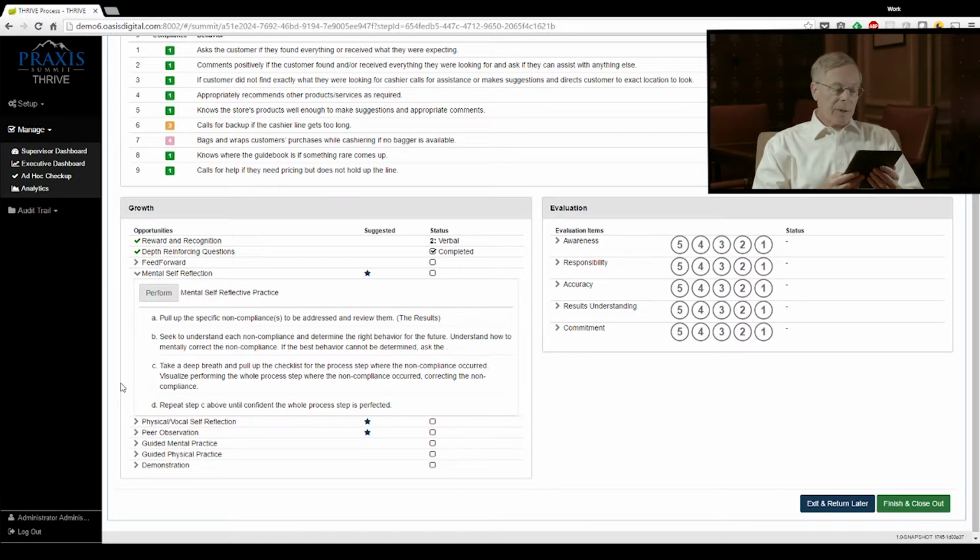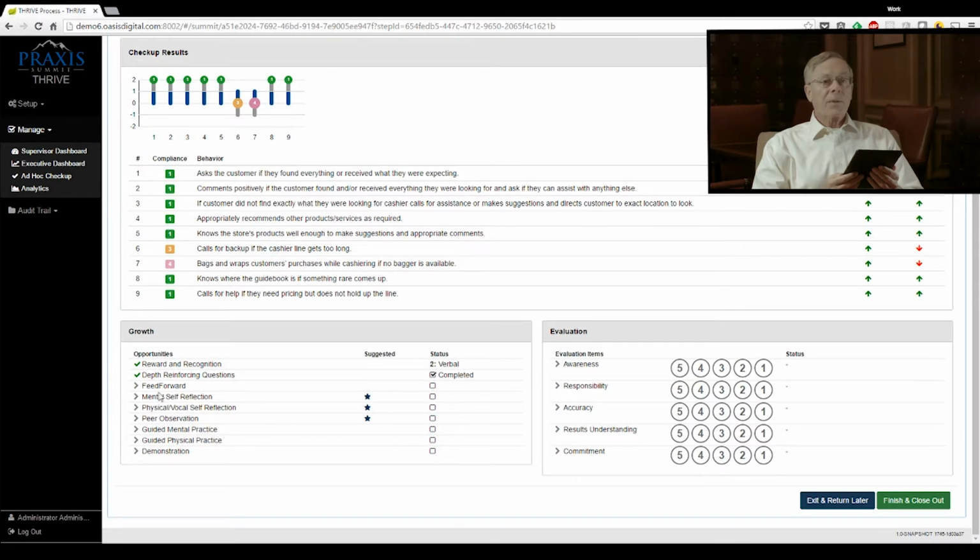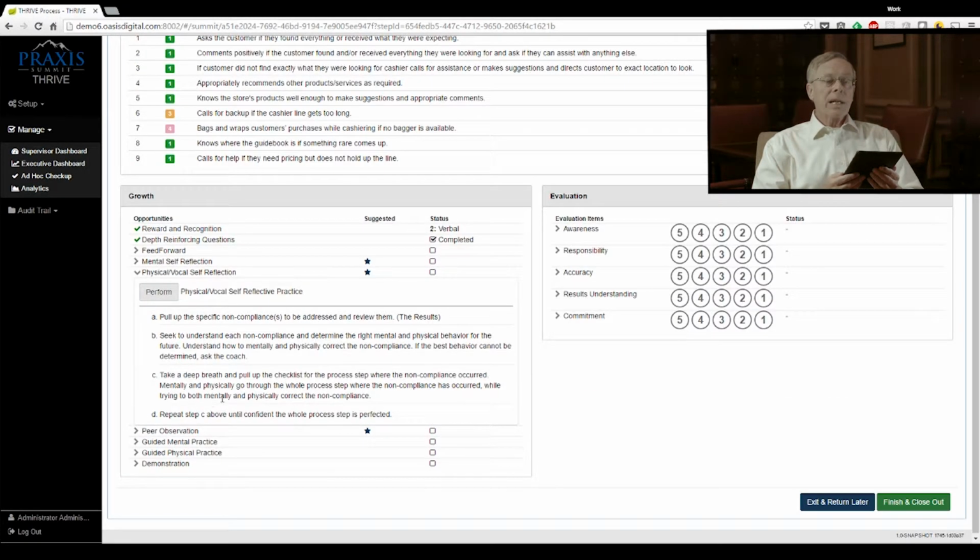The next level is physical and vocal self-reflection. So they're basically physically practicing the process, vocalizing and describing what they're doing. Again, this happens in front of the supervisor, and this gives the supervisor the opportunity to make sure the thinking is right behind the physical actions.